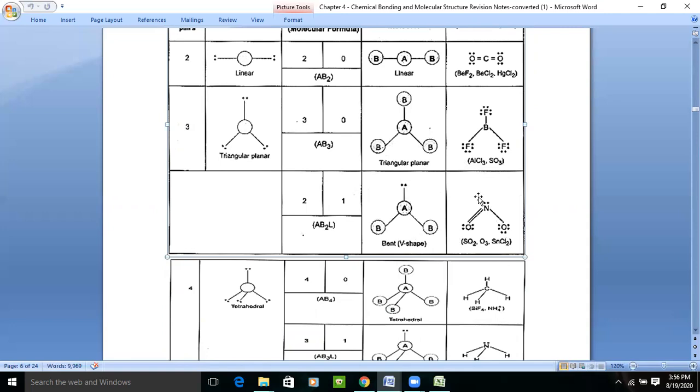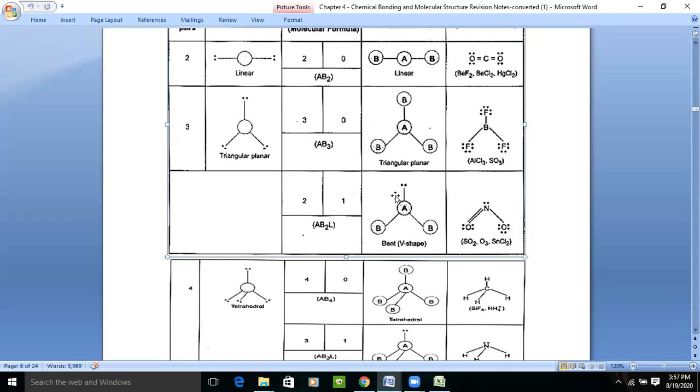This is a lone pair of electrons. Lewis dot structure explains in detail about these dots. These dots explain the lone pairs of electrons, and these bonds are the bond pairs of electrons. There is a repulsion between bond pair and lone pair.